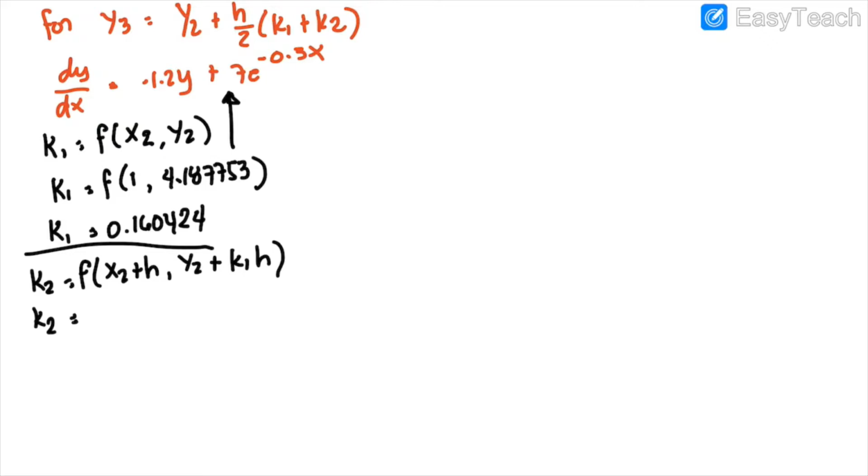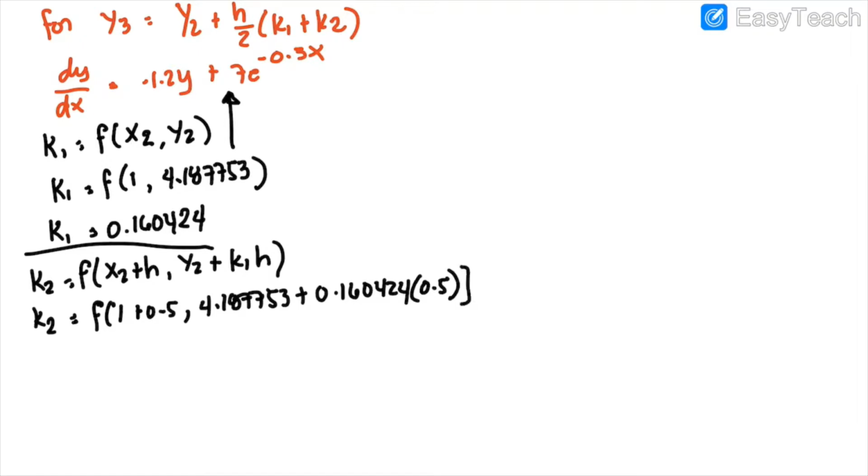So x2 is 1 plus 0.5 and y2, which is 4.187753 plus k1 of 0.160424 times 0.5, gives us k2 function of 1.5 and 4.267965.